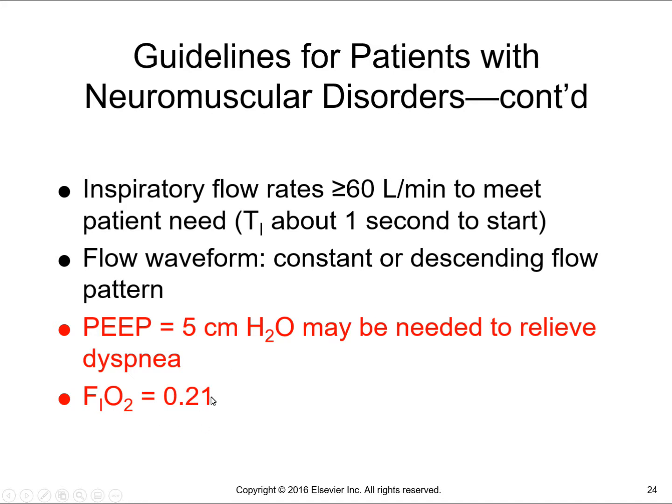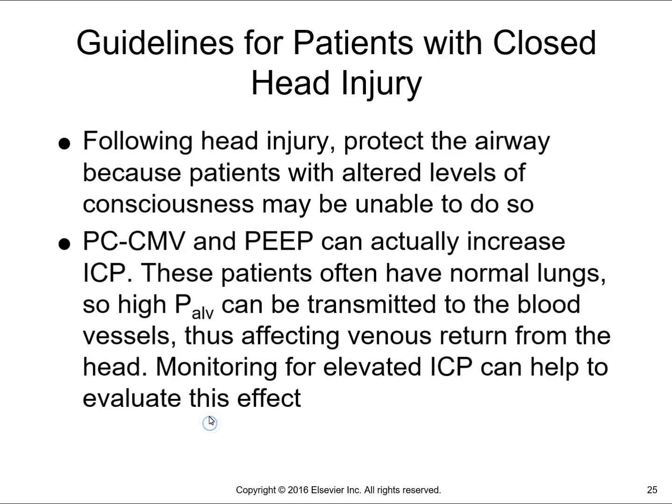And then we want them on room air, which is 21%. This basically signifies that their lungs are okay. We want to start them at 21%, at room air, because before the disease, they were breathing fine. So when they're starting to become paralyzed, either from the head on down or from the feet on up, they're still breathing fine. It's just the neurological aspect of it.